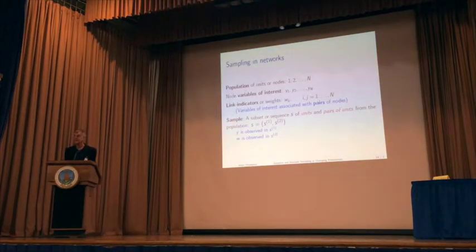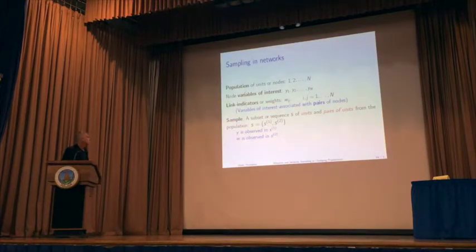And the secondary sampling in networks: with a network we have a set of nodes and a set of links between them. So we can think of the nodes being people and the links being social relationships, often close relationships on which the disease might spread.